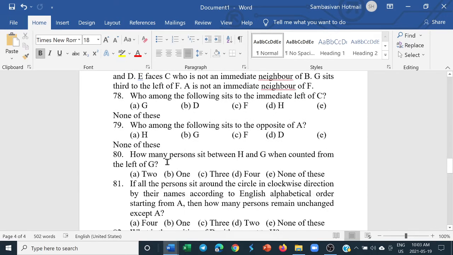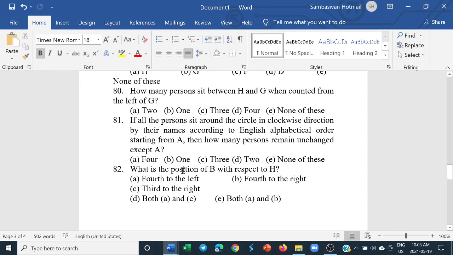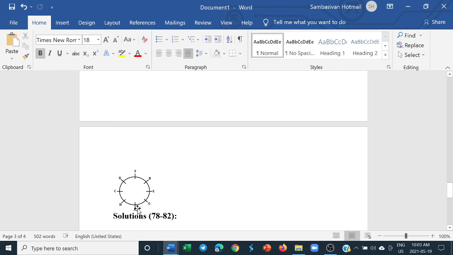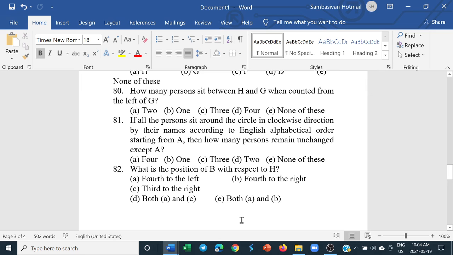The answer for 81 is D, two people. Because when you start from A, B, C is in right place. D is also in right place. Here, arranging alphabetically, you should have E, F, G, H. Nothing is correct. So only those two people are sitting in the right place. The same question they can ask in the left hand side also, reverse side.